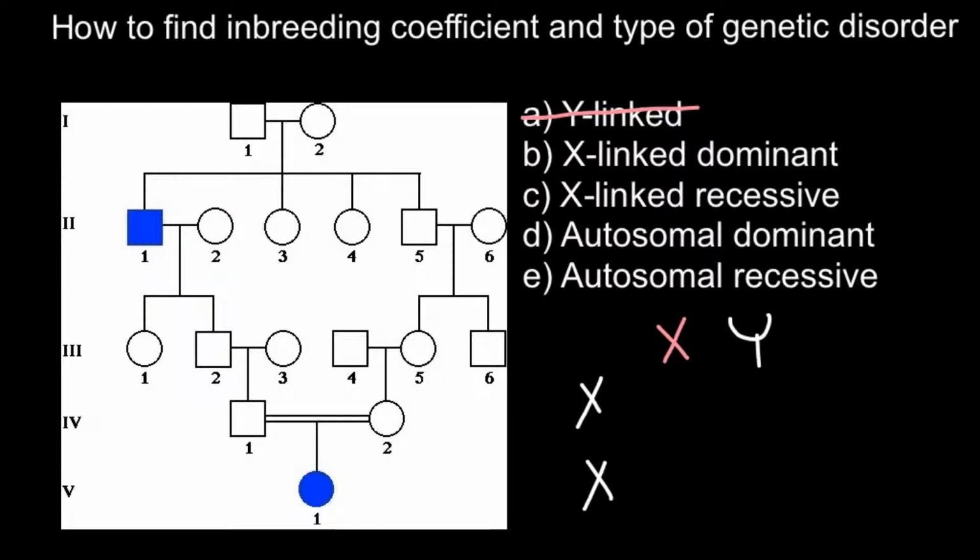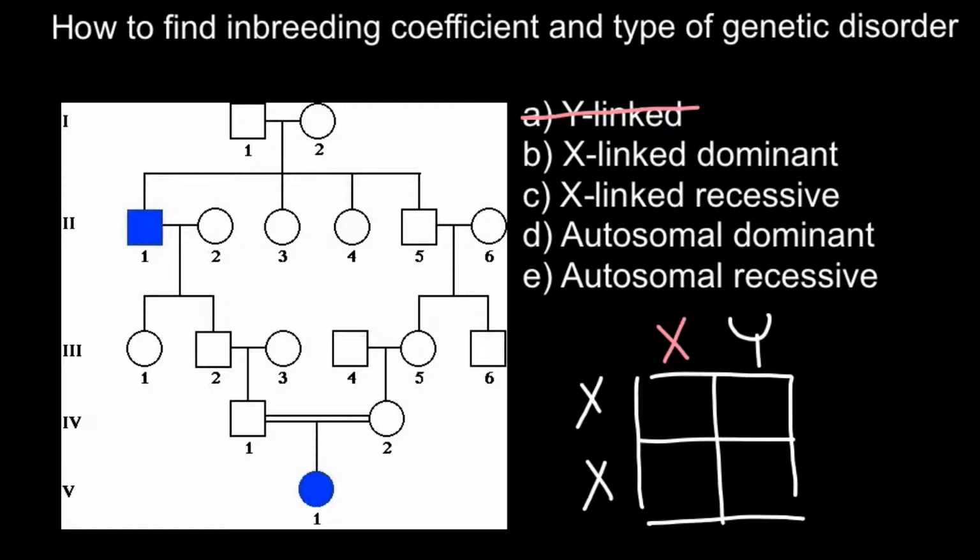So let's once again build a Punnett square, and according to this Punnett square, as you see, all the female progeny would be affected because this is an X-linked dominant genetic disorder. All the male progeny of such a cross would be phenotypically normal because they would get the X chromosome from the mother side.